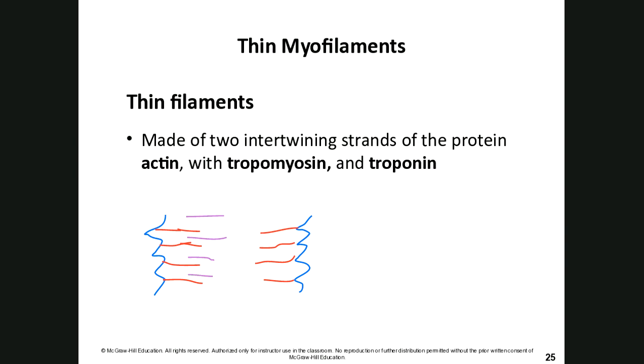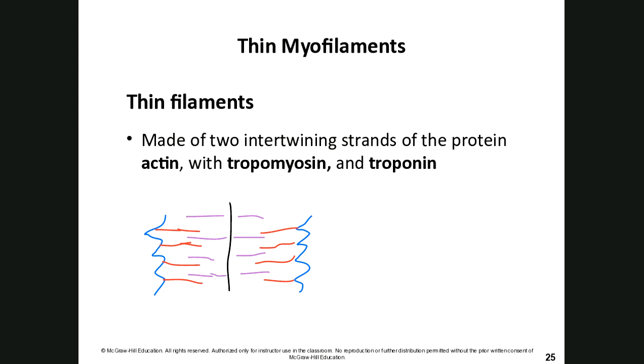And I want them to overlap because I want them to have an interaction with one another. So they have to have some sort of overlapping. So we have that overlap that happens, and we call that the I band. And then this is the middle part. I'm sorry, the overlapping is the A band. I'll put those labels there.